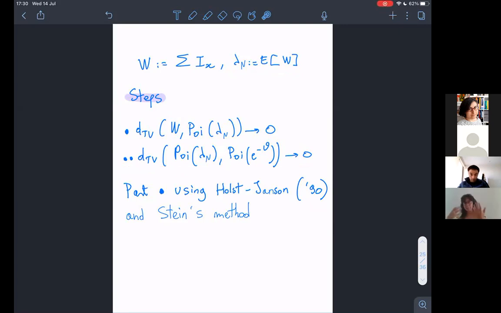What is a bit more involved is to prove this first step. And for that step, again, we are in this supercritical regime somehow for random interfaces when we are able to use the Stein-Chen method in the version that was developed by Holst and Janson in the 90s.